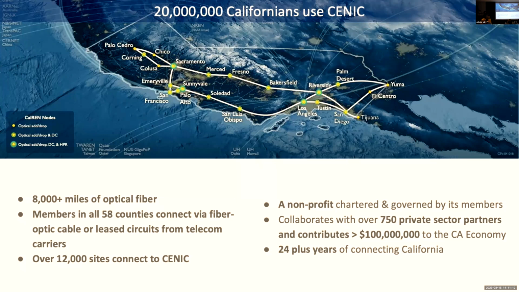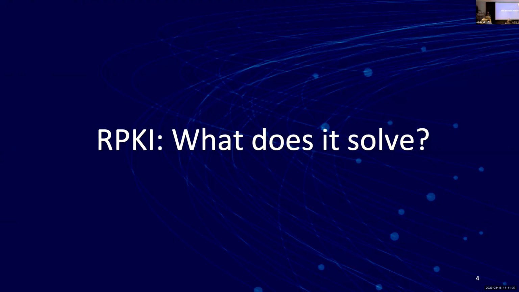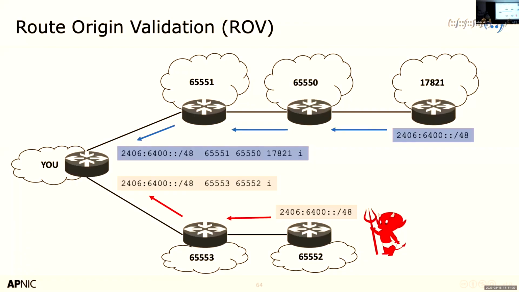We run our own optical fiber over the entire state, and around 20 million Californians use CENIC one way or another, if you include K-12 schools, universities, colleges, libraries. So we cover a lot of ground. We only have about 100 employees or so, so sometimes things are a bit slow or challenging to get started on.